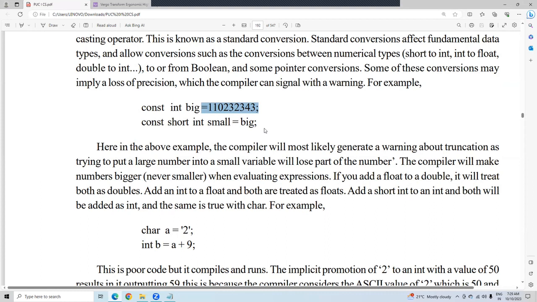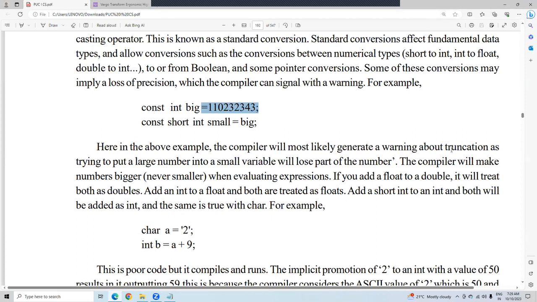We lose part of the number because the range of the variable big cannot fit into the short int small, because the short int total range is smaller than int. That is why it will raise the warning message. Even if it is copied, you will see that small receives a smaller value.